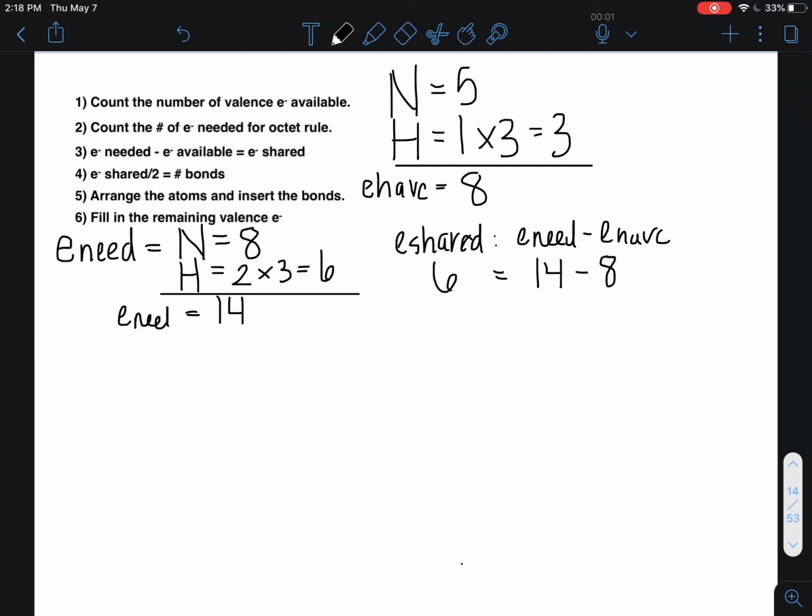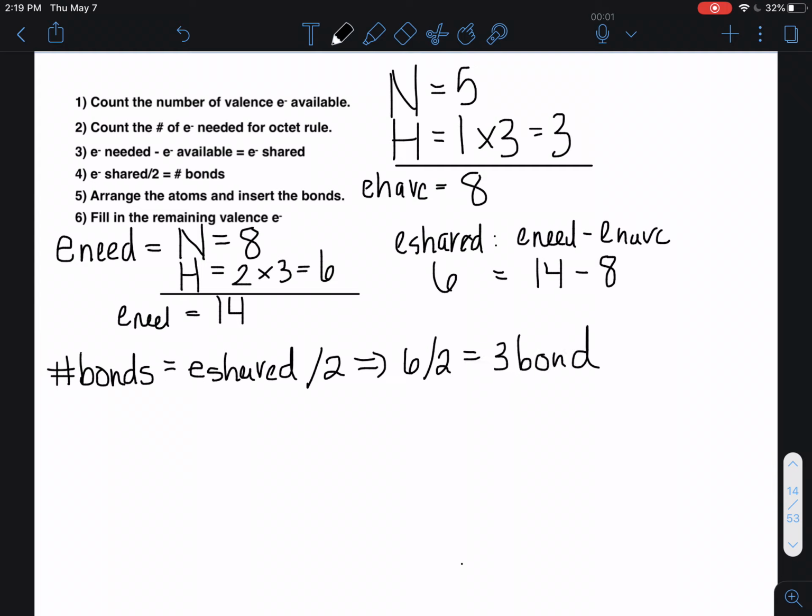All right, E shared is 6. Now, because we have E shared, number of bonds equals E shared divided by 2. So that is 6 divided by 2, which is 3. So there are 3 bonds.